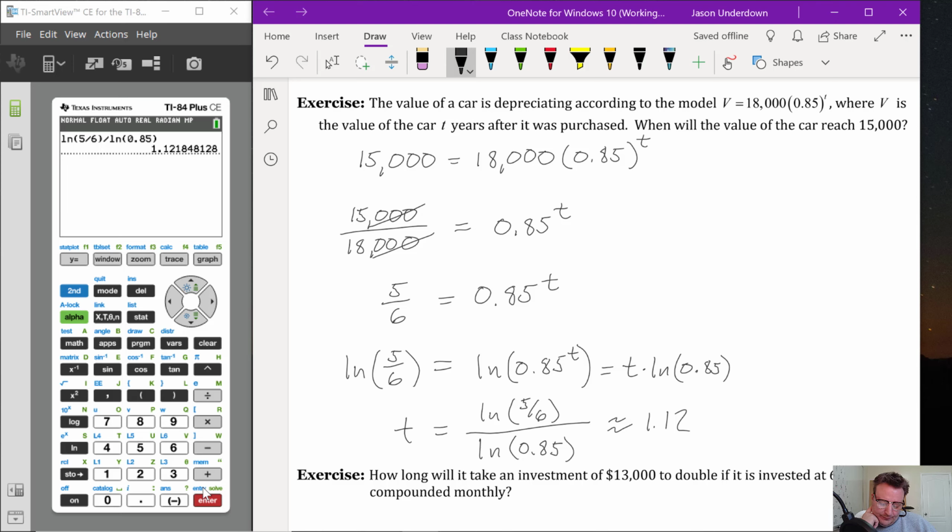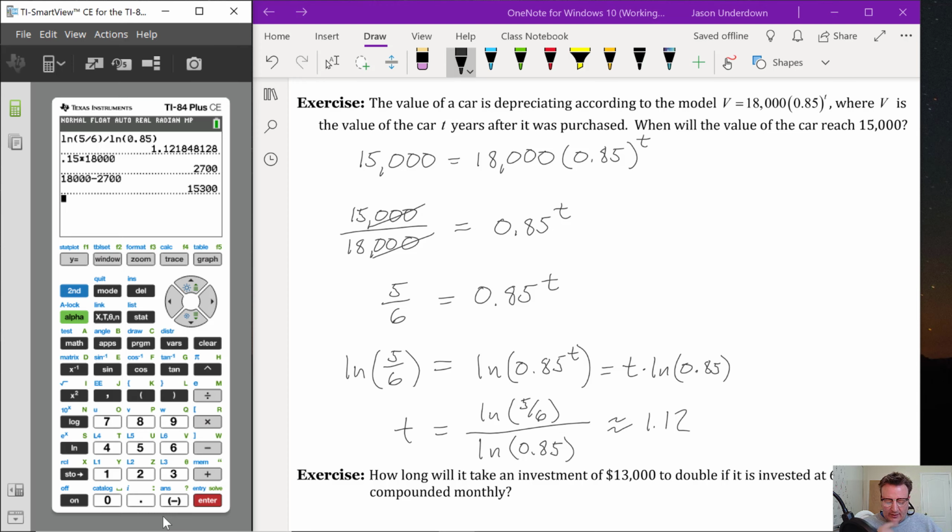So 15% of 18,000 is what? 0.15 times 18,000. 2,700, so we do 18,000 minus 2,700.